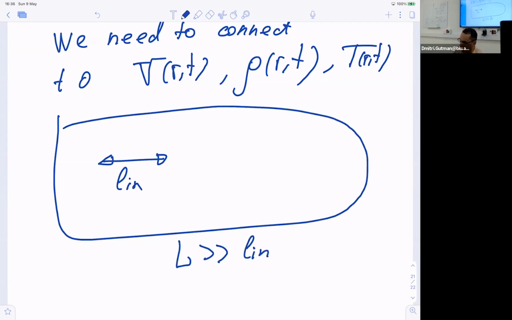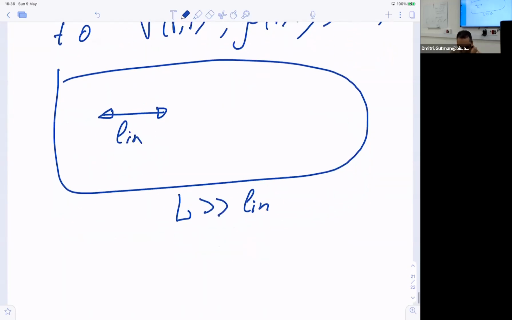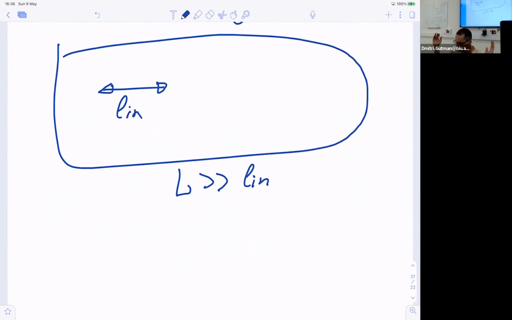Otherwise, there is absolutely no reason why the system can be approximated by hydrodynamic equations. So what can we say about the system if we know that its length is much greater than the inelastic length?